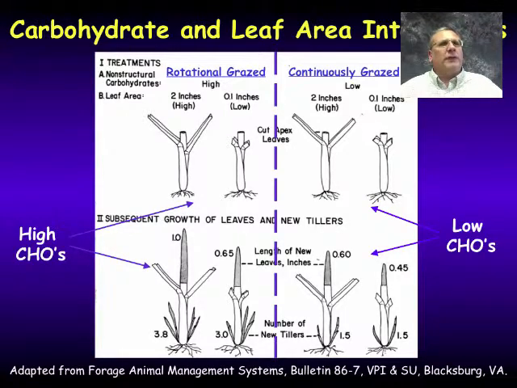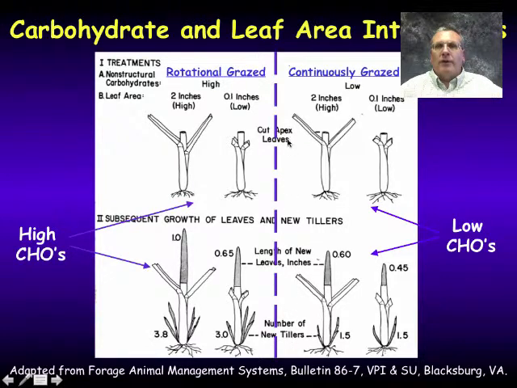This is a busy diagram, but it drives home a very important point when we start talking about the interaction between what's in our warehouse, the carbohydrates stored up in our warehouse, and the leaf area that's remaining after grazing. So I broke this diagram down into two pieces with this blue line right here.